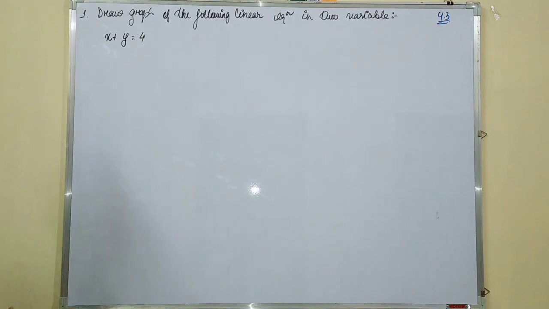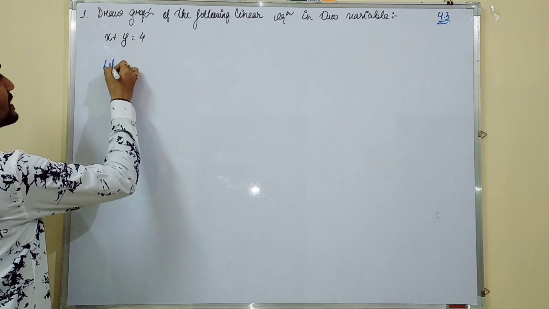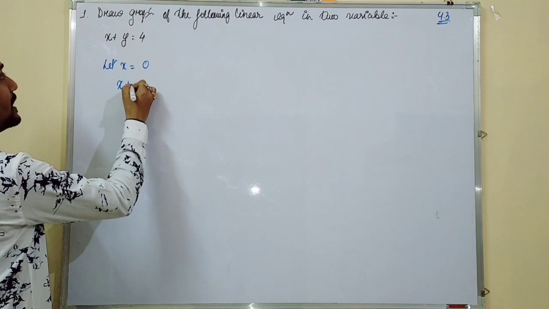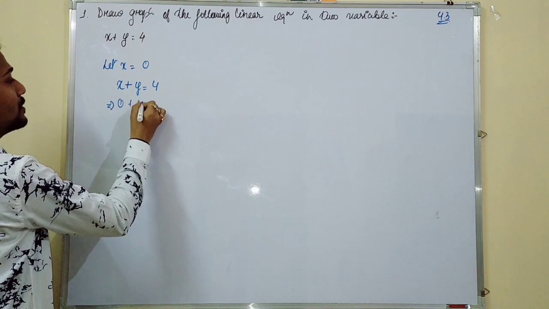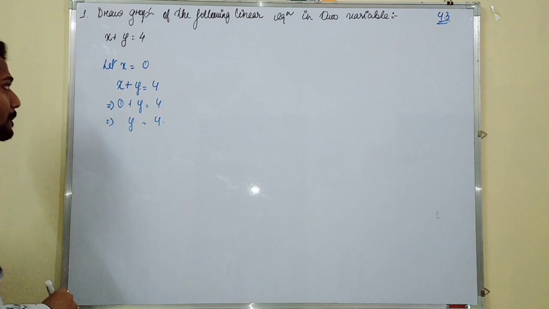Okay. Now see, x plus y is equal to 4. Let x is equal to 0. If I take x equal to 0, y will be equal to 4, isn't it?